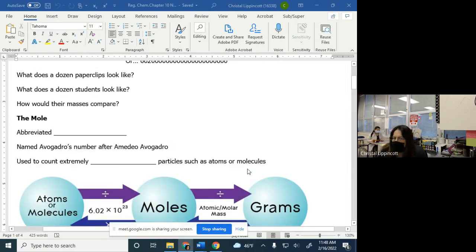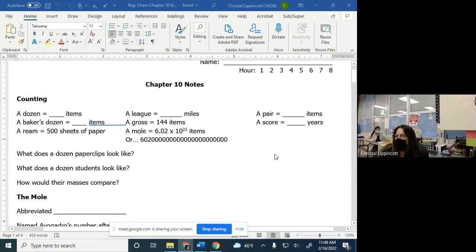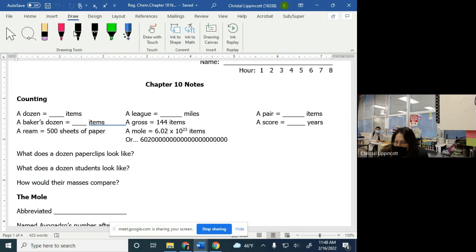All right, so when we look at different items, we have different ways that we can count them. For example, if we have a dozen of something, that means that we have 12. A baker's dozen is 13.